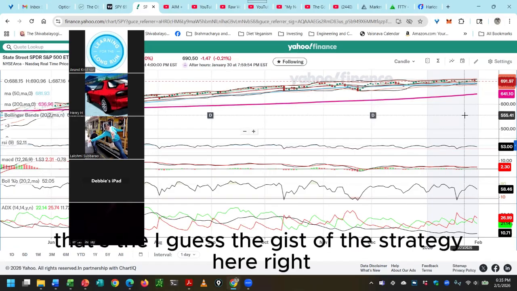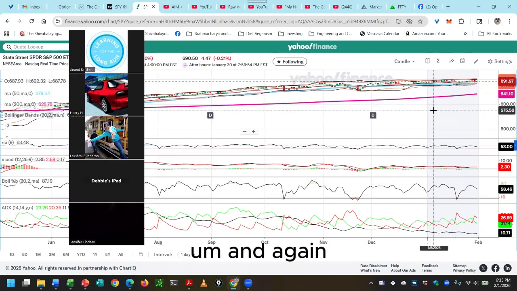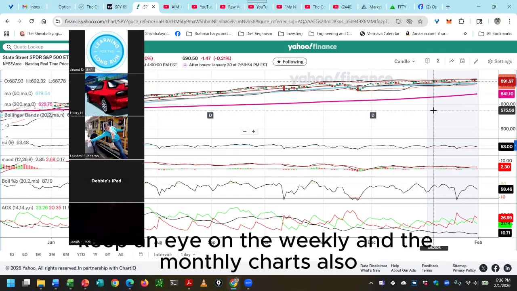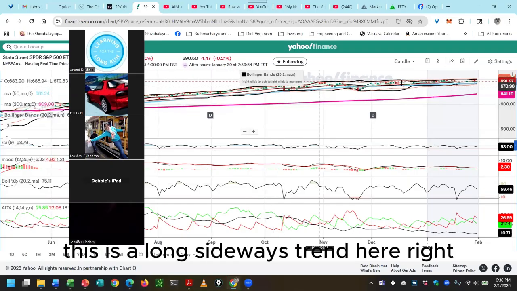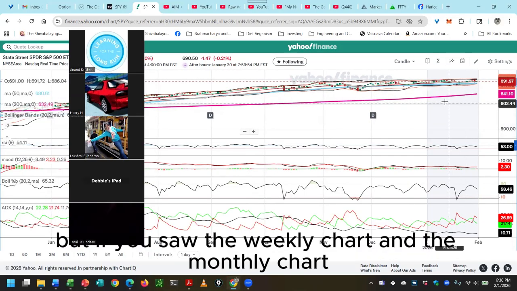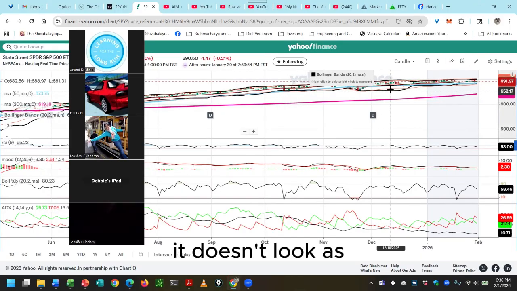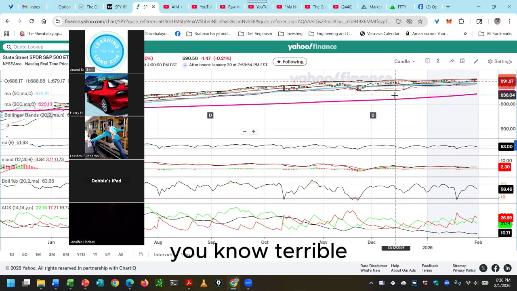I guess the gist of the strategy here, again, like I said, is to keep an eye on the weekly and the monthly charts also. Because what looks like a long sideways trend here, if you saw the weekly chart and the monthly chart, it doesn't look as terrible.